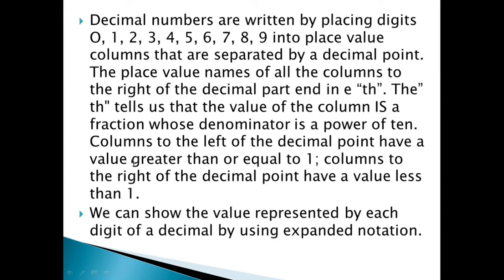Okay? So columns to the left of the decimal point have a value greater than or equal to 1. Columns to the right of the decimal point have a value less than 1. So we can show the value represented by each digit of a decimal by using expanded notation.